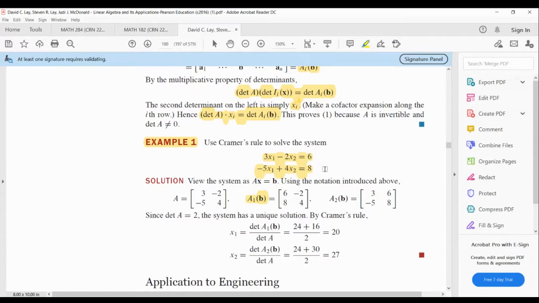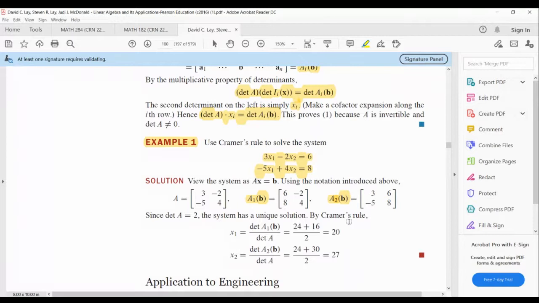Then the -2, 4 they leave alone. And then A2b, the second matrix, what do they do there? They keep the first column of A, 3, -5. And then they replace the second column of A with the vector B, 6, 8.